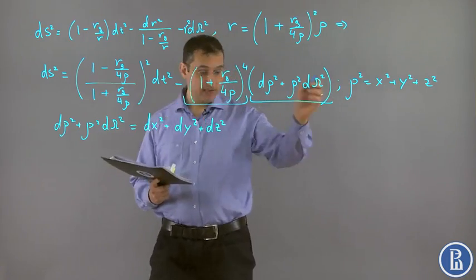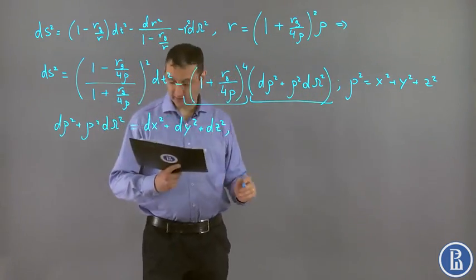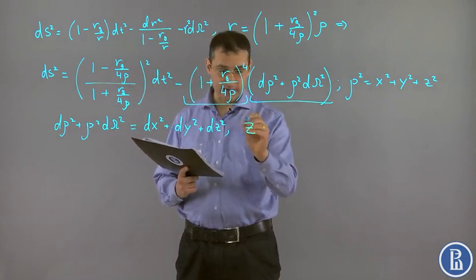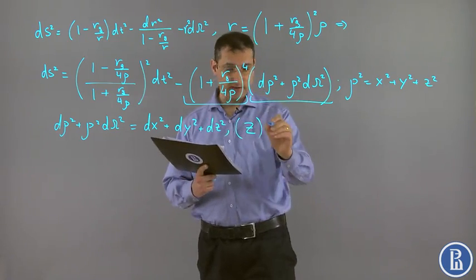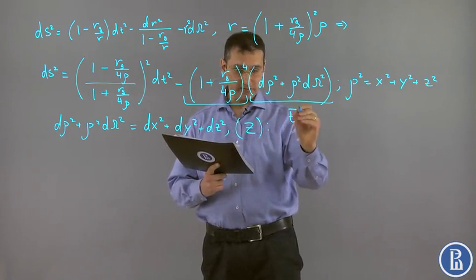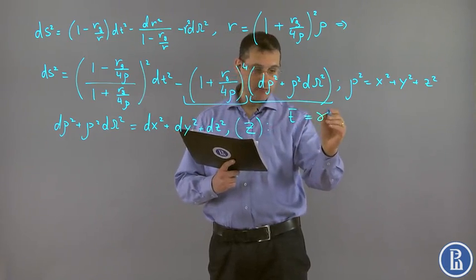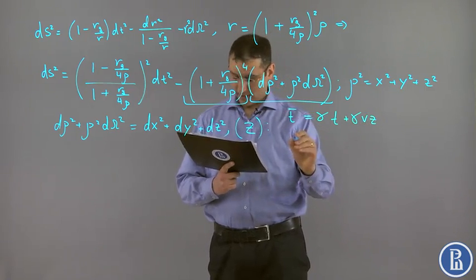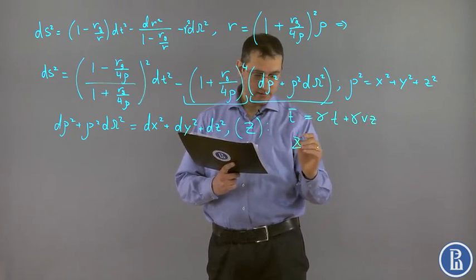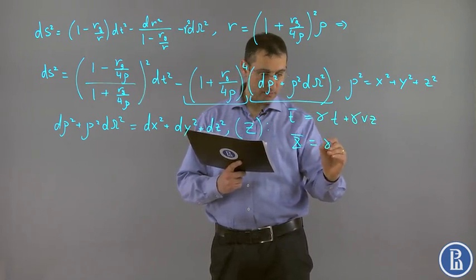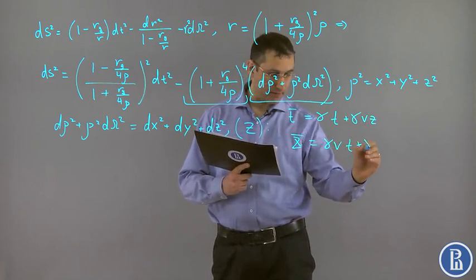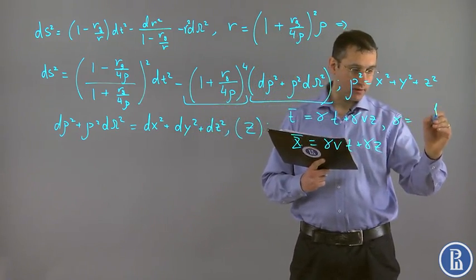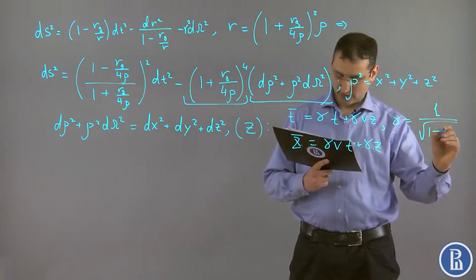Now, once we made this transformation, we can make a Lorentzian boost along the z direction. So make the following transformation: t bar is gamma t plus gamma v z, and z bar is equal to gamma v t plus gamma z, where gamma is just 1 over the square root of 1 minus v squared.